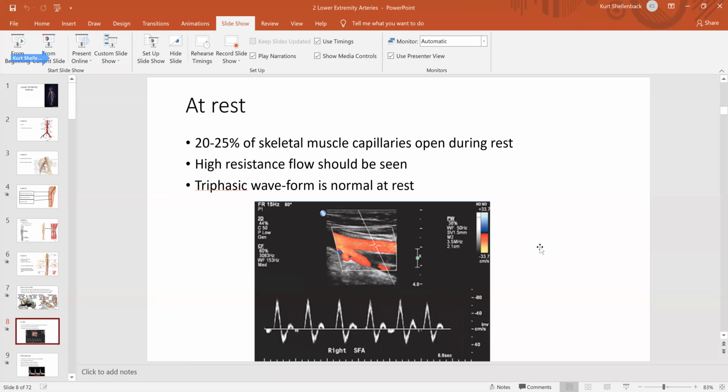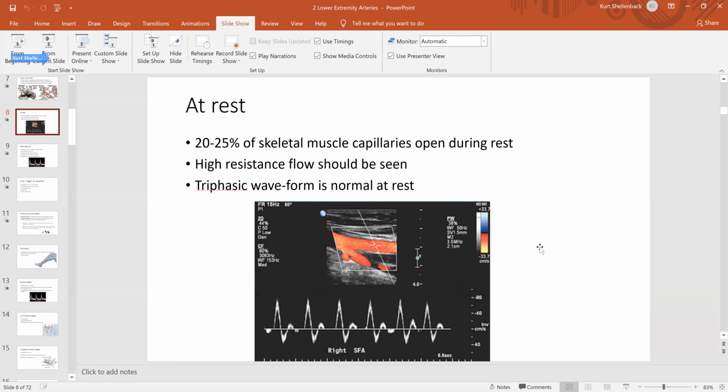And so this person has mostly a triphasic, even a quadriphasic waveform, but we just call it triphasic. Some people are getting in the habit of calling it multiphasic too, although this specifically is very much a triphasic waveform. The reason they're going with multiphasic is because there's a lot of confusion between phases, between what to call what. But this is a normal resting artery.